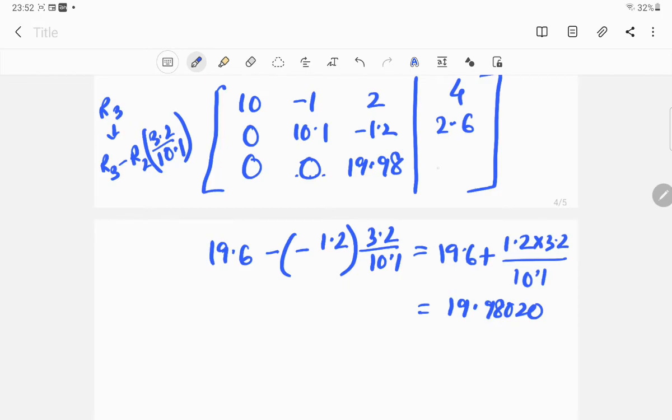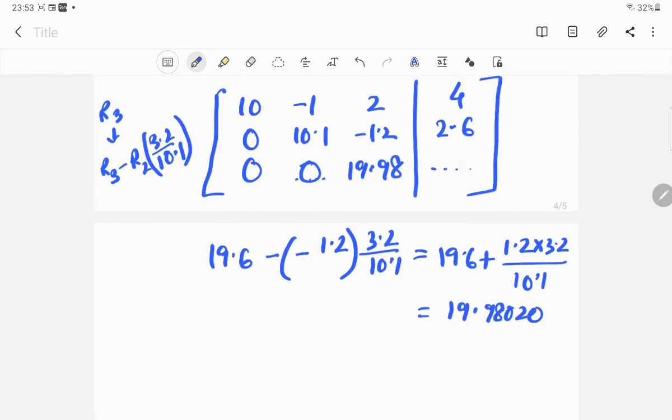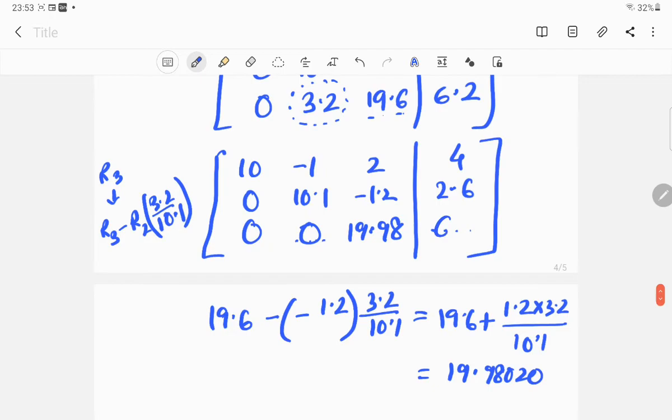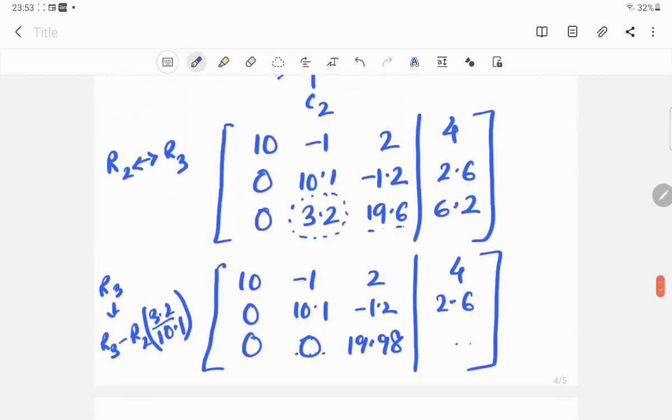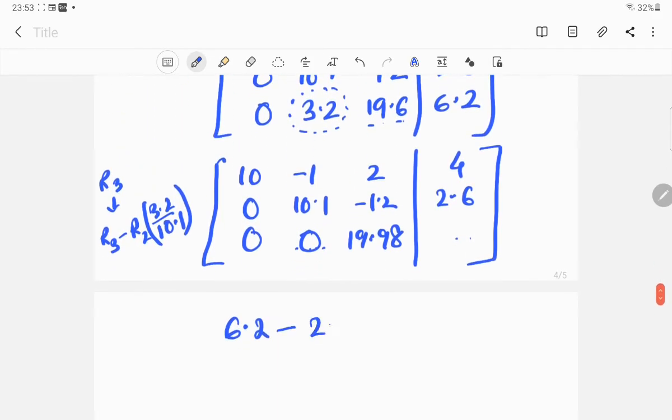And then for this one, what was there earlier? It was 6.2. Now it is not going to be 6.2. Why? Let us check. Now it is 6.2 minus 2.6 into 3.2 by 10.1.